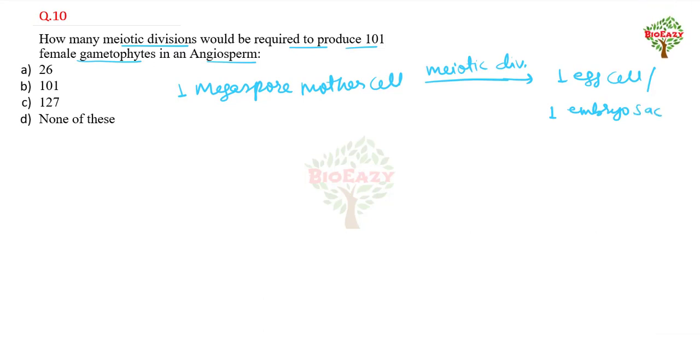So here the ratio is 1:1. So for the production of 101 female gametophyte, there is the requirement of 101 megaspore mother cells, and also the divisions required, which is 101.